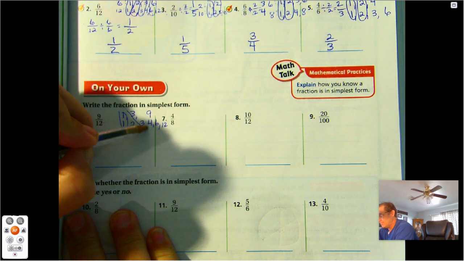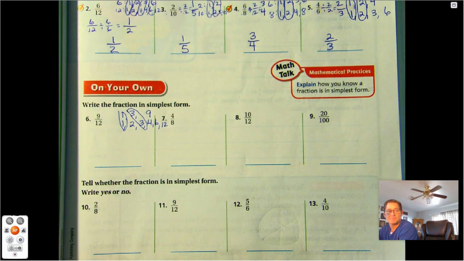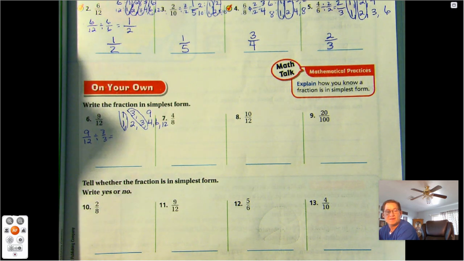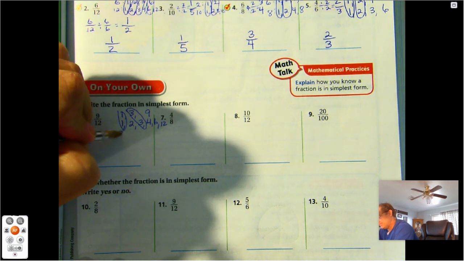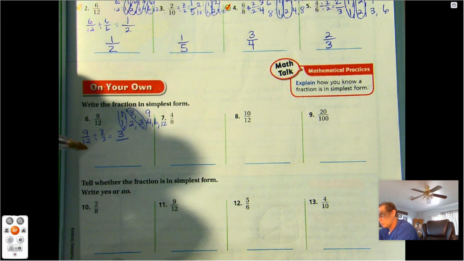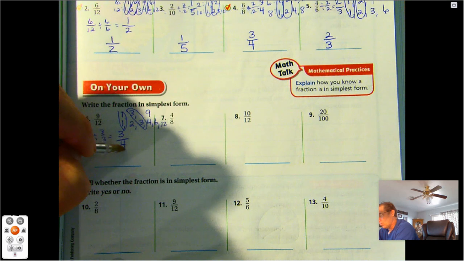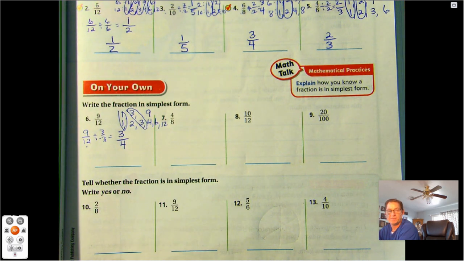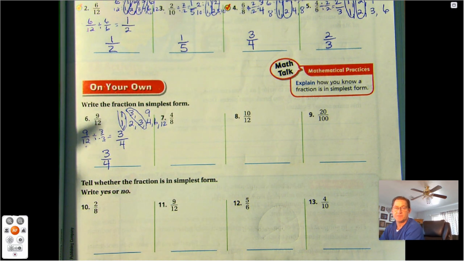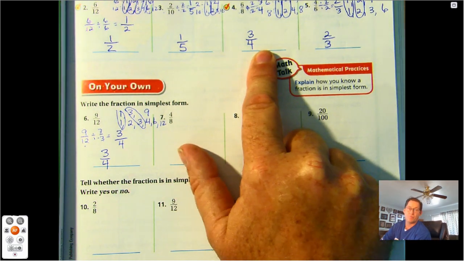So we want to divide 9/12 by a factor of 3. 9 divided by 3 is 3. 3 times 3 is 9. 12 divided by 3 is 4. 3 times 4 is 12. 3/4 is in simplest form. We've already verified 3/4 as being in simplest form.